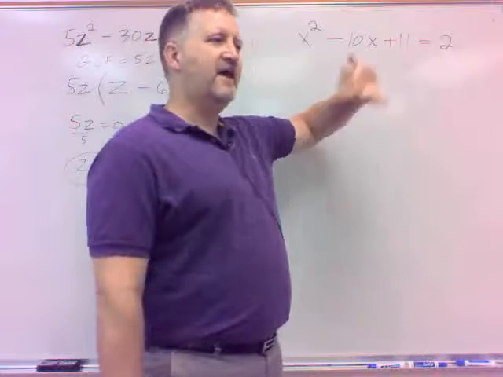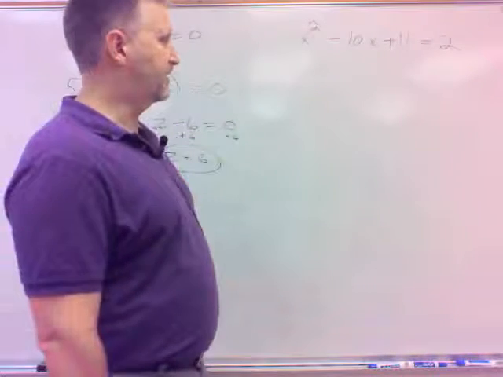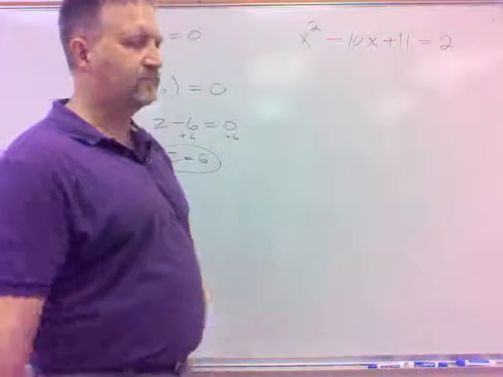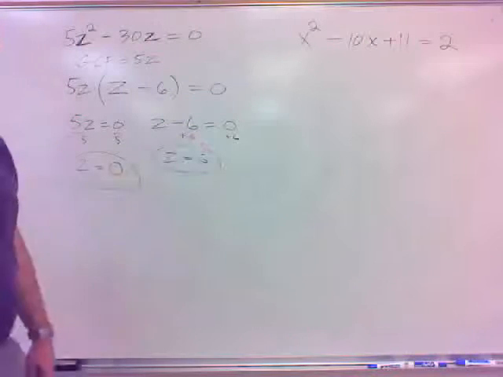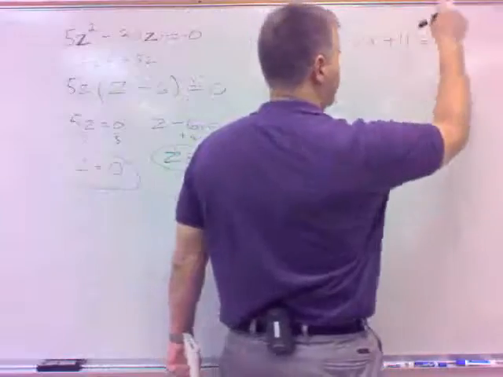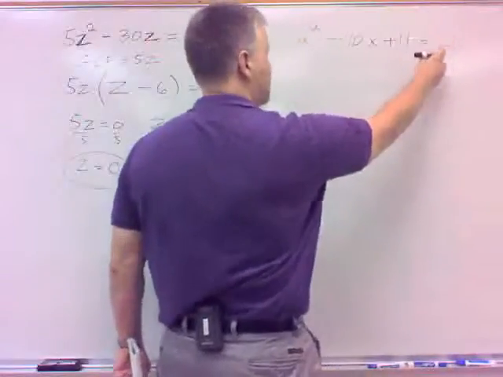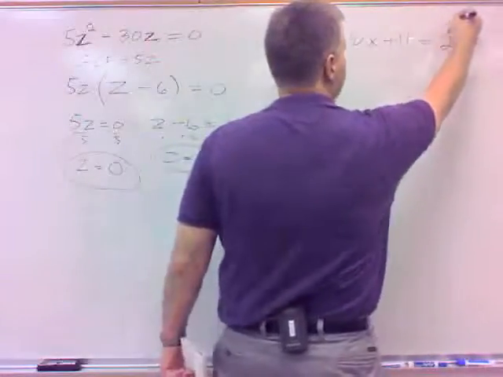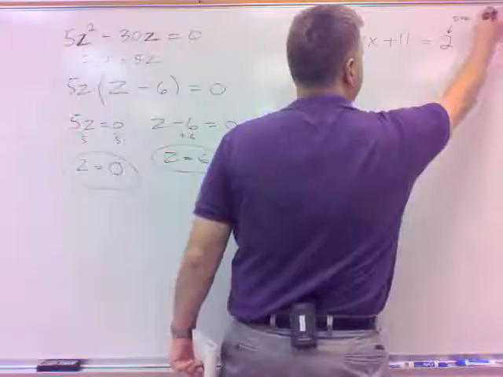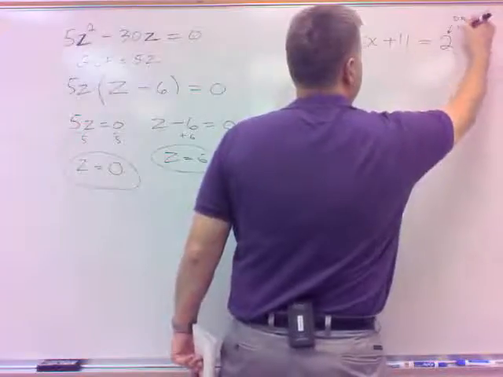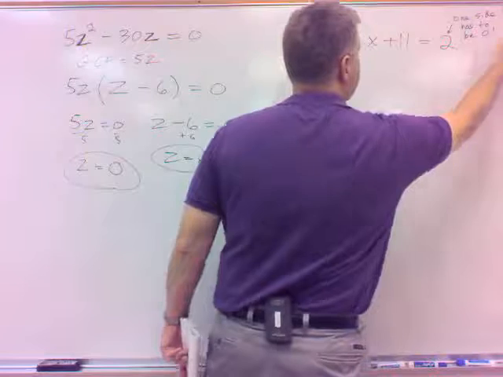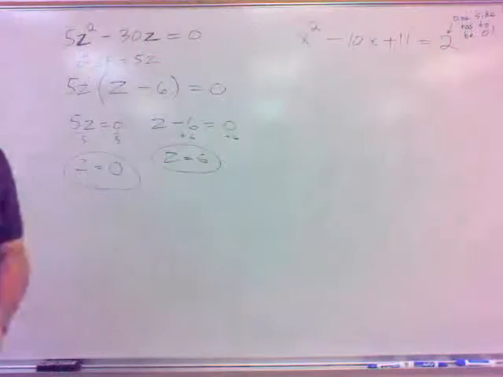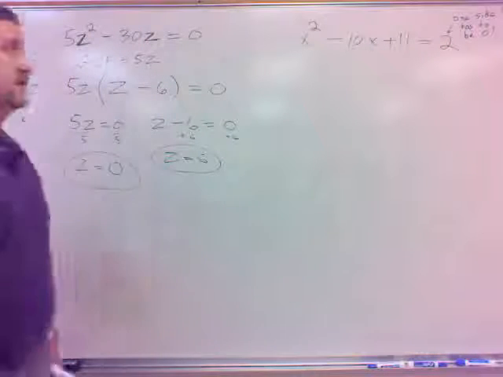For this method to work, setting the factors equal to zero in separate equations, it has to be 0. It can't be 2, it can't be negative 2, it can't be 100, it can't be 1. One side has to be 0.